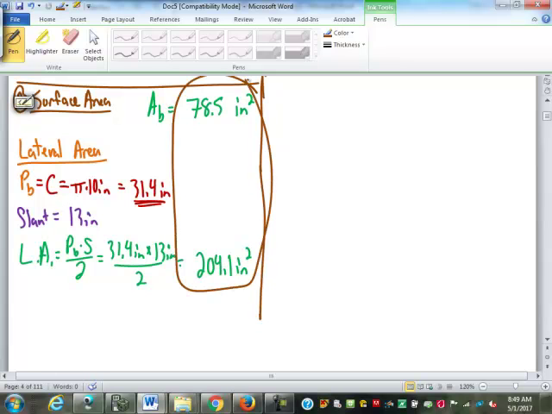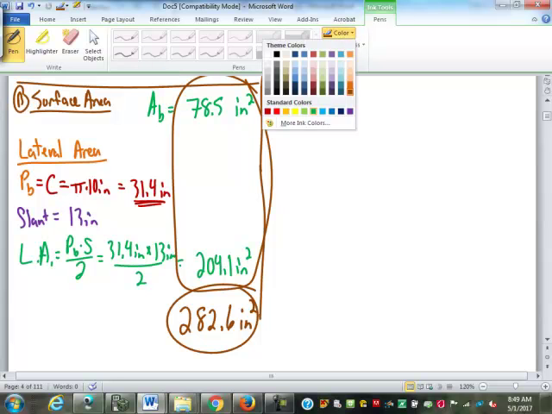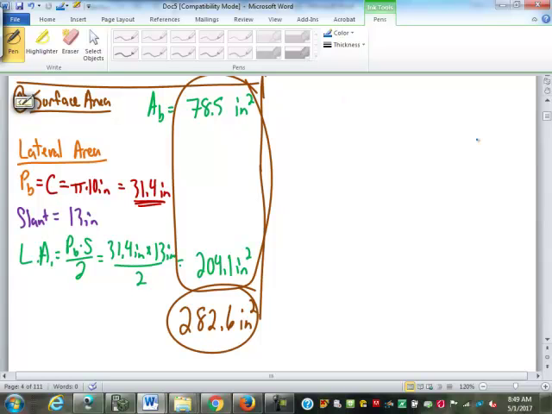So I'm just going to add those 2 together now. So it's going to become 282.6 inches squared. That's the surface area.